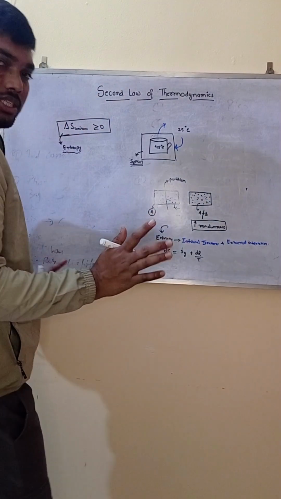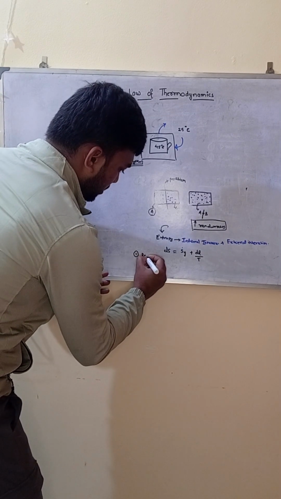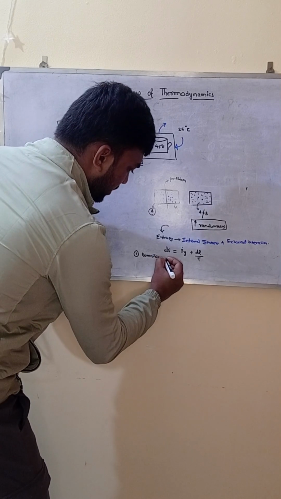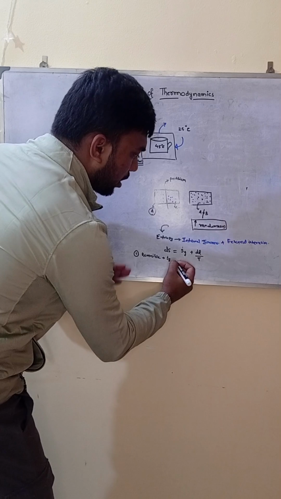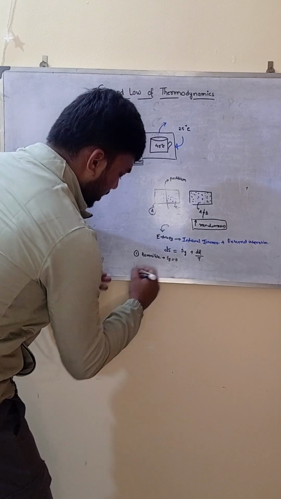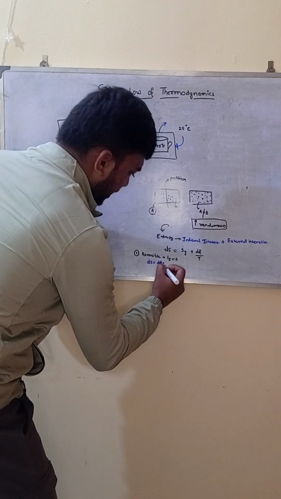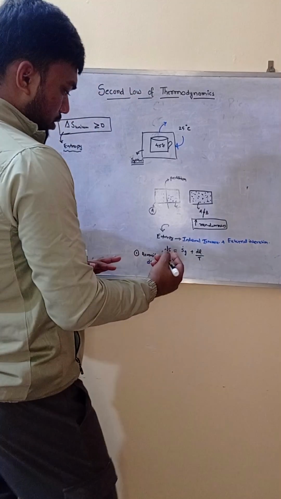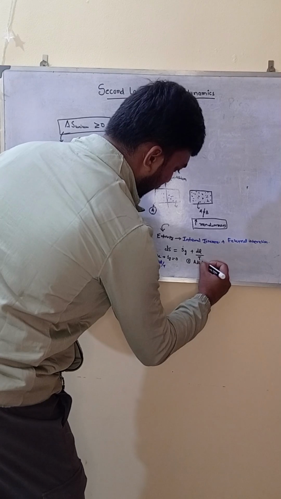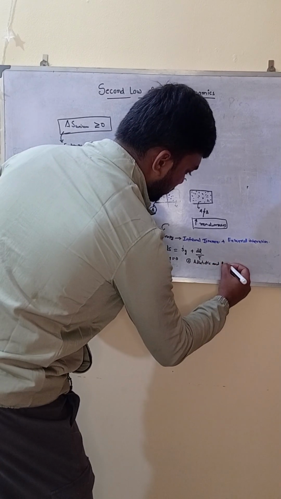So let's take two processes. First is a reversible process. For this, S dot g, the term due to internal irreversibility, will be 0. So we can write dS equals dQ upon T. Moving on to another type of process, adiabatic and reversible.